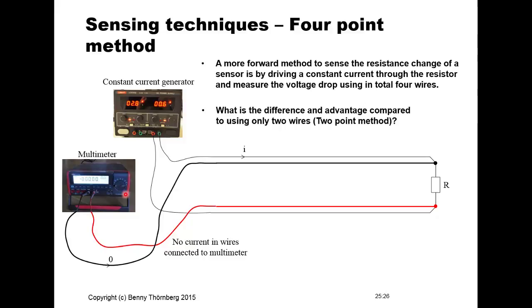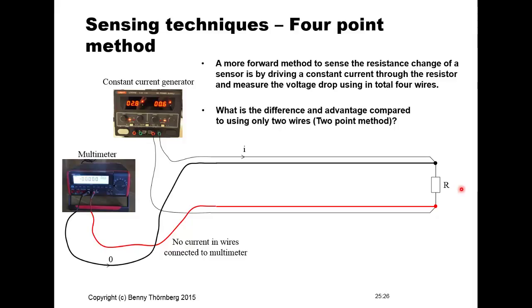The other way would be to use a two-point method and connect the voltage meter directly to the wires here close to the constant current generator. But then if there is any kind of temperature dependency on the wires that could have a large resistance if connected over a far away distance, then this one also will erroneously contribute to the measured values and not only respond to the physical property that is related to the resistive sensor.